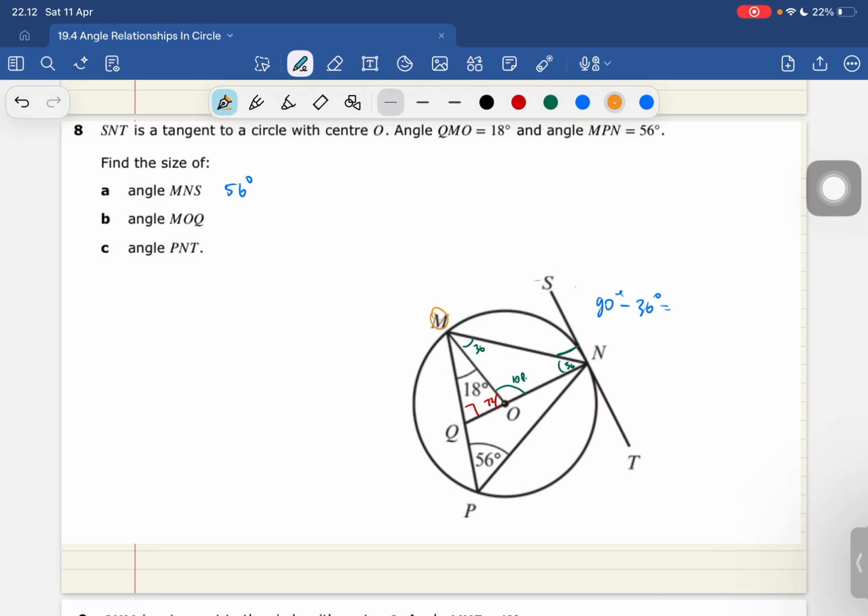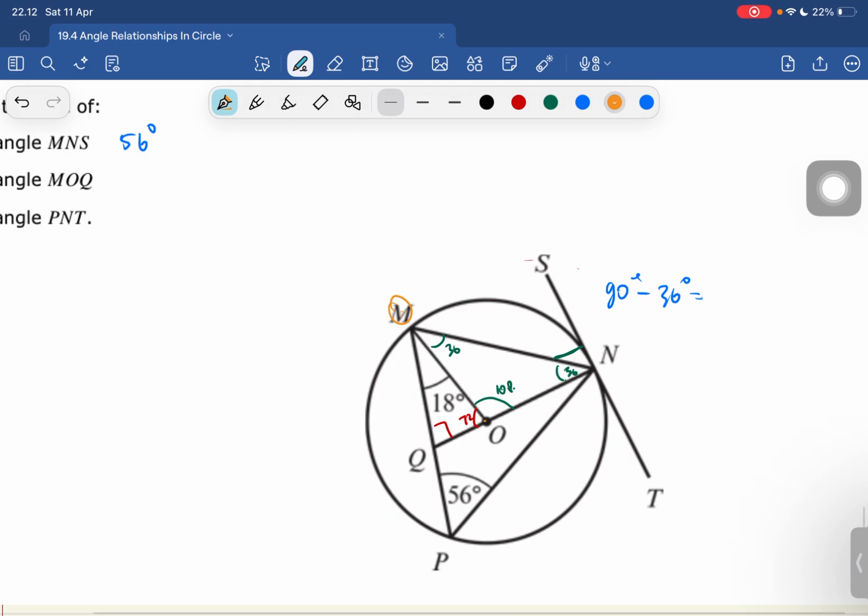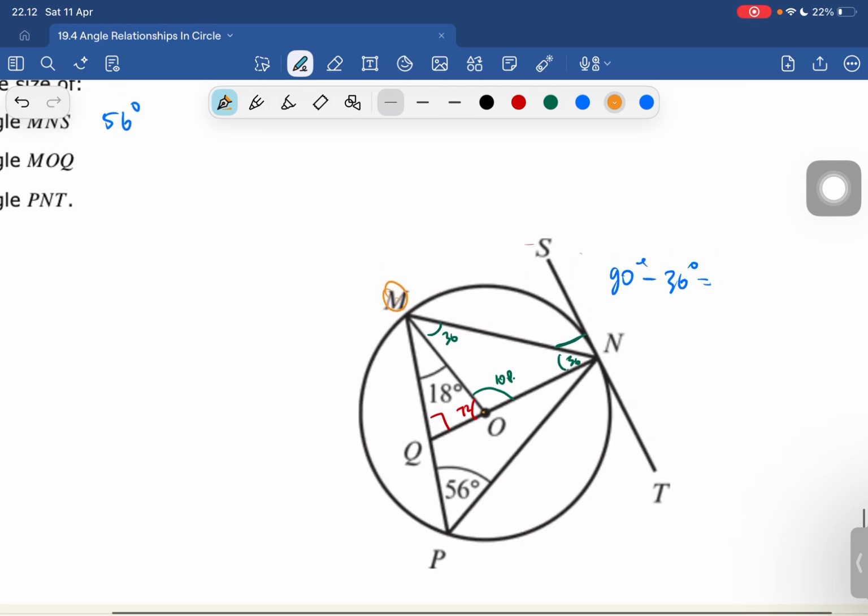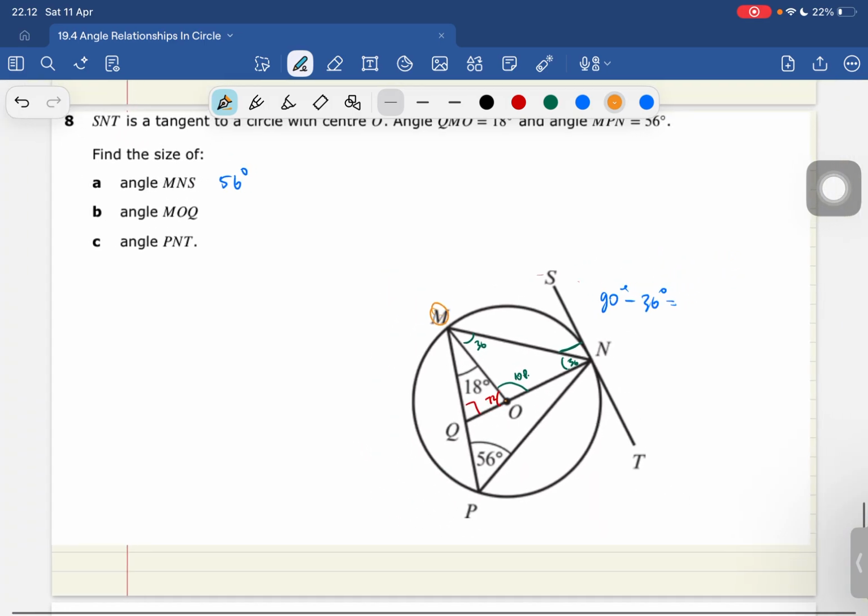Yeah, here M, O, and Q is 36. So 90 minus 36. I see there is some mistake before.